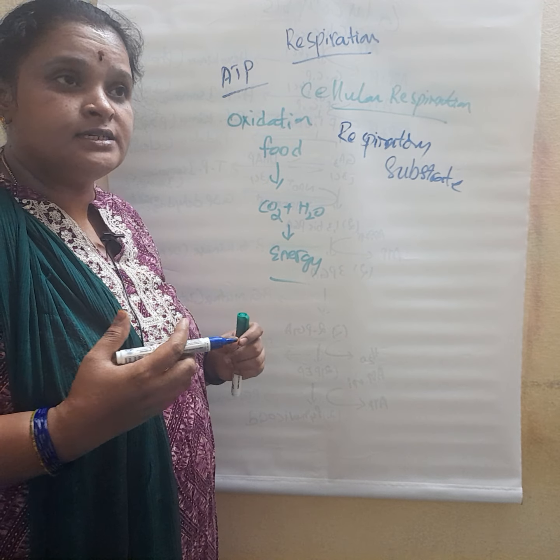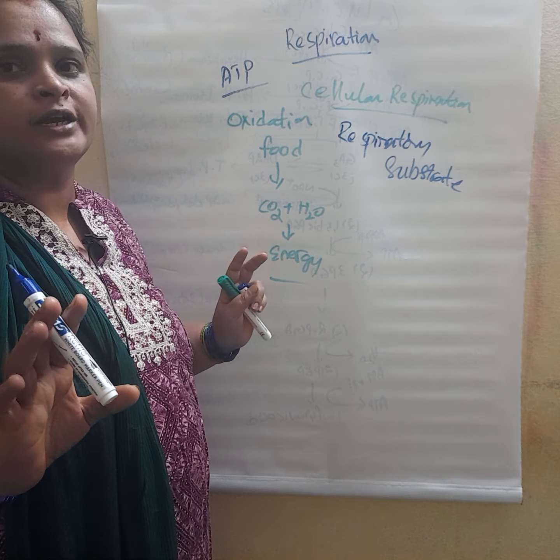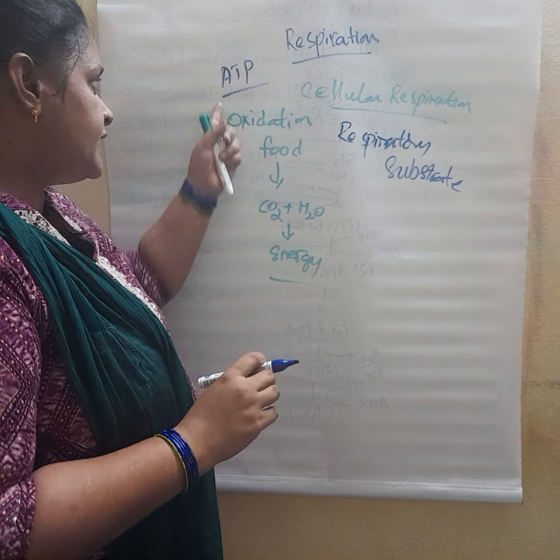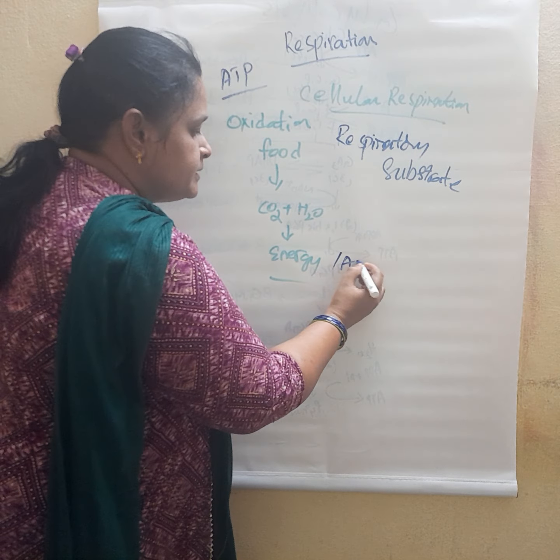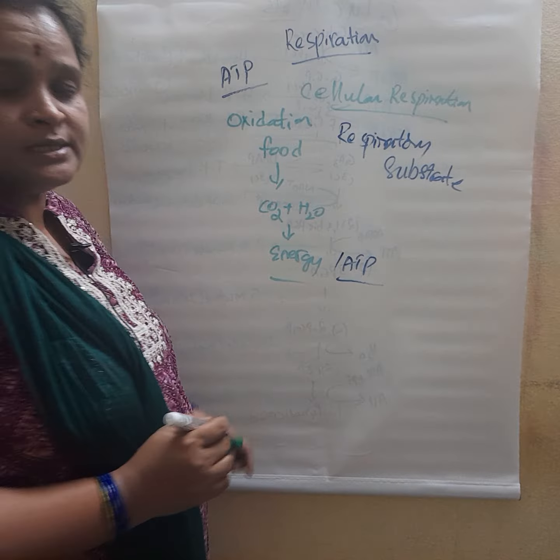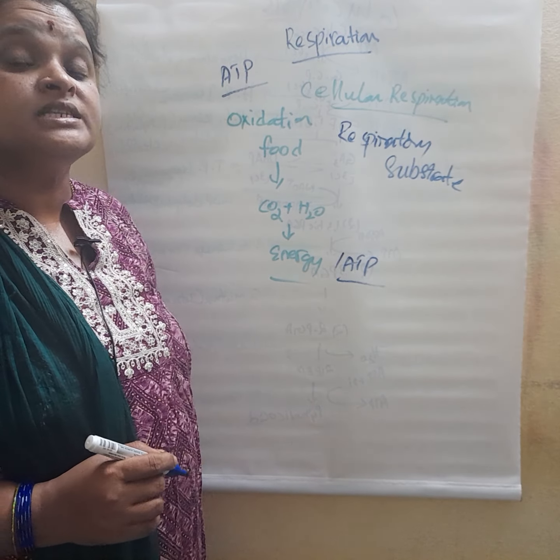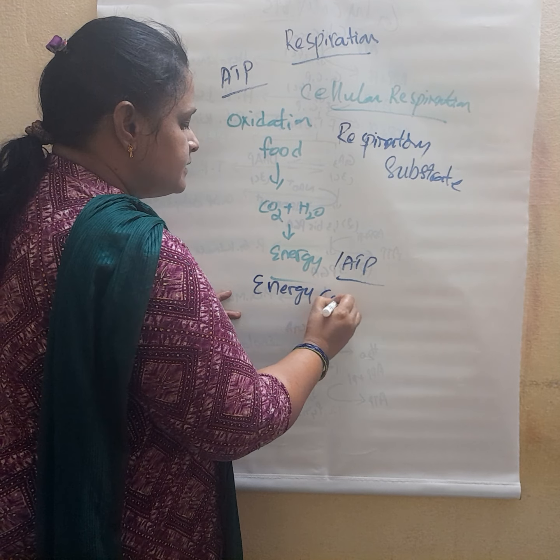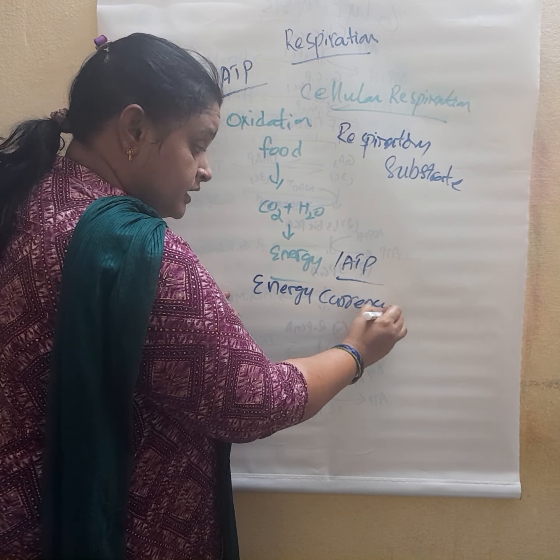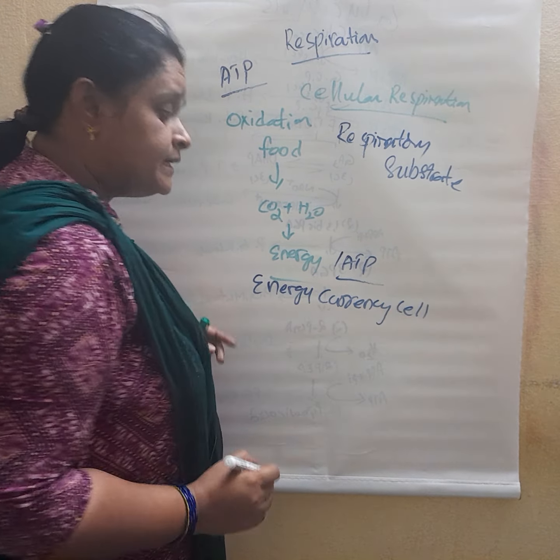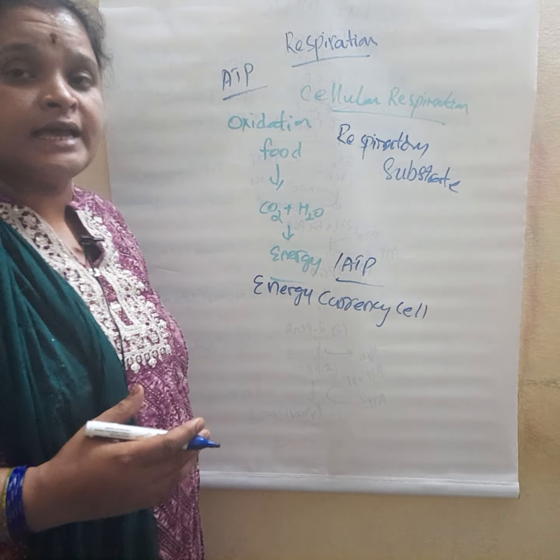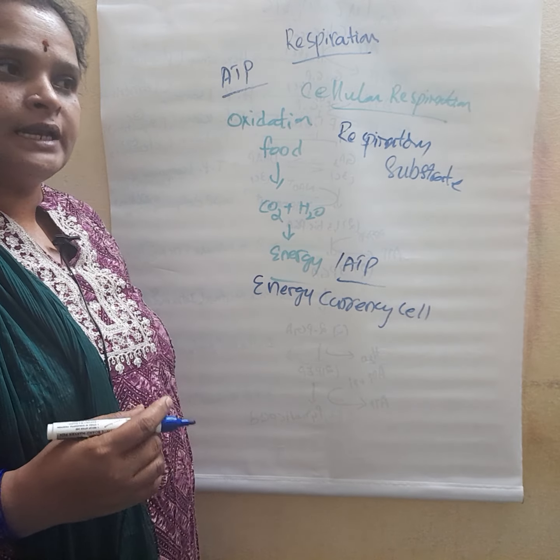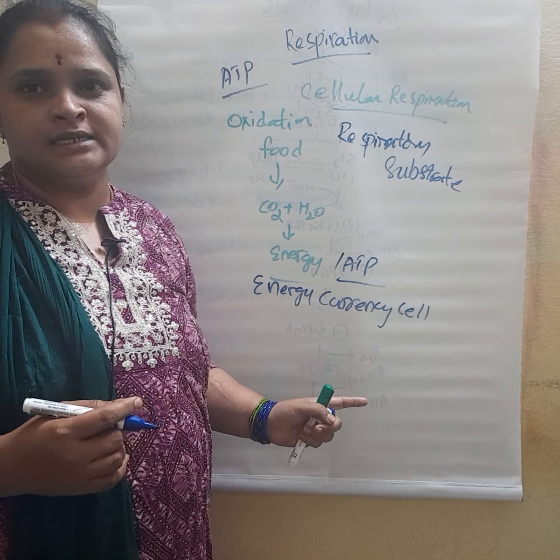That released energy is not spread in the body at a time. It is converted into a compound like ATP, and the energy is stored in the form of ATP. This is called the energy currency of the cell. Whenever the plant or animal needs it, this energy is utilized in the form of ATP. It is nothing but a currency.